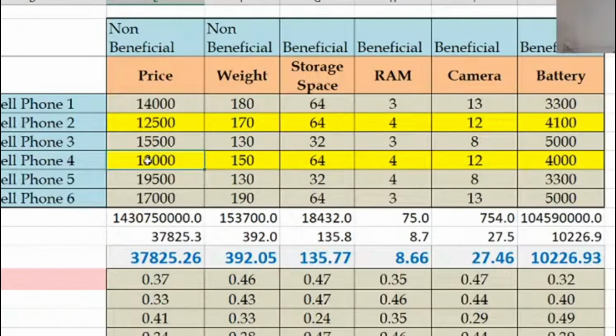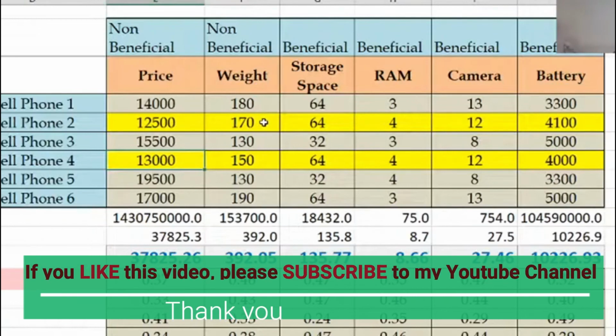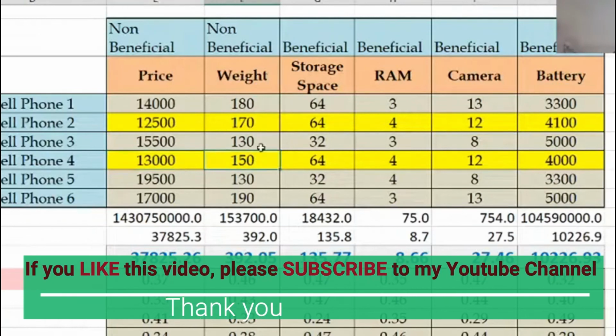Now you can see in Topsys this costlier phone is ranked number 1, but if you go ahead with the remaining attribute values, in case of weight there is reduction. I mean to say cell phone 4 is definitely better as compared to cell phone number 2 in terms of weight, while in terms of storage space, RAM and camera, they are absolutely identical.